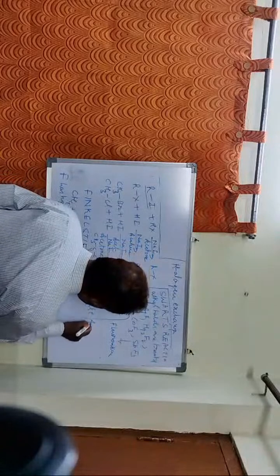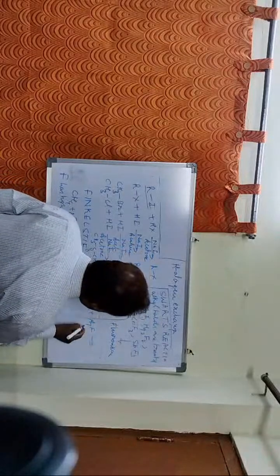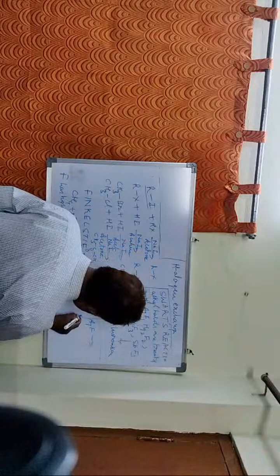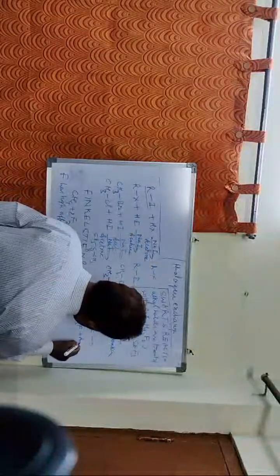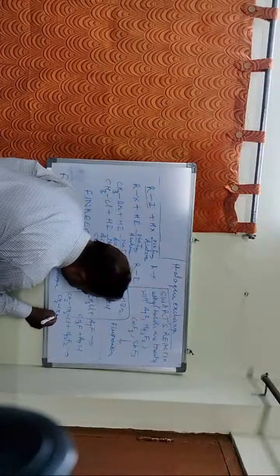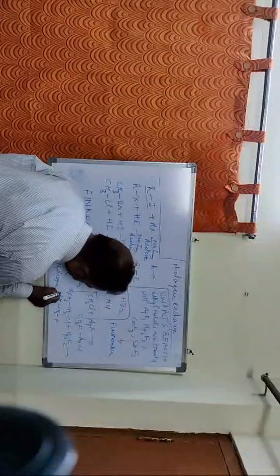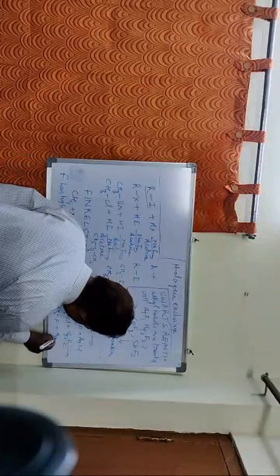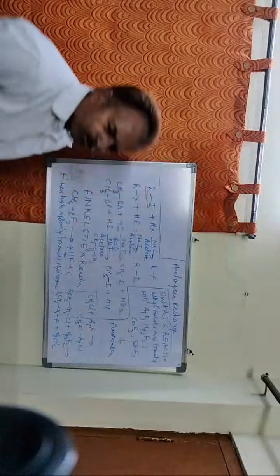So here, CH3Cl plus AgF, what do we get? We get CH3F, fluoromethane, plus silver chloride. Similarly, if we react CH3CH2Cl plus mercurous fluoride Hg2F2, what do we get here? We get 2 molecules of CH3CH2F plus Hg2Cl2.